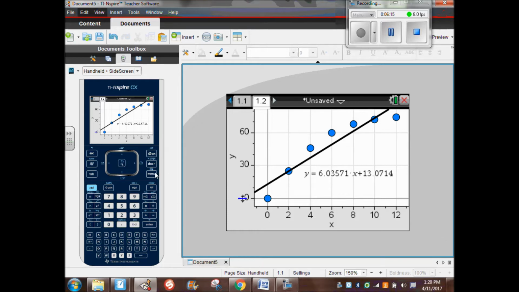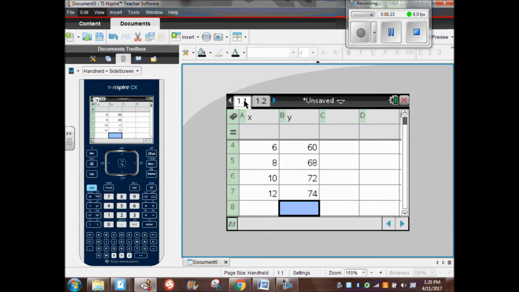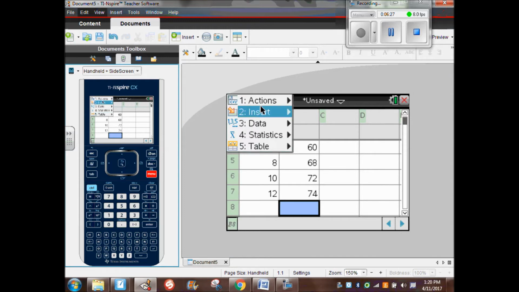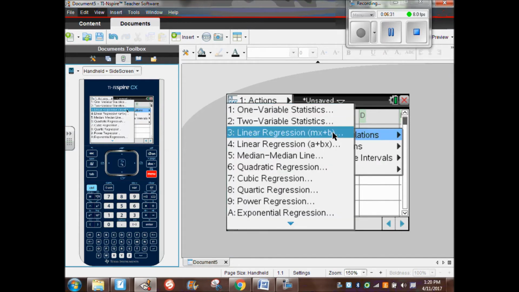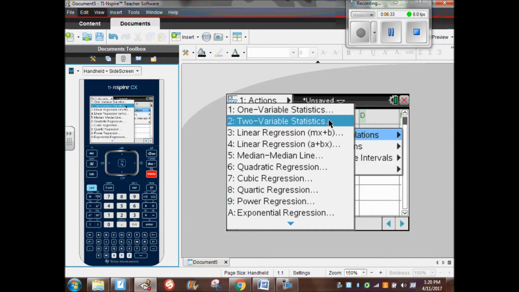And now, to get the r value, we got to go back to the list and spreadsheet, right? So go back to your 1.1, and then we've got to go menu, statistics, stat calculations, two variables, right? Okay.